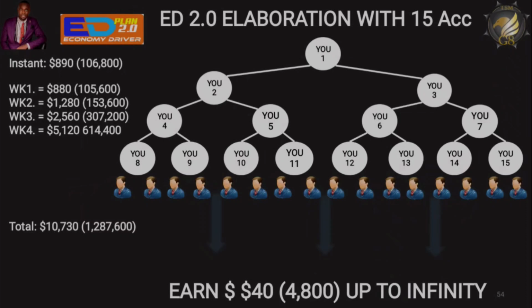That is your first week. Your second week, you're going to make an average of $1,280. Your third week, you're going to make an average of $2,560, and your fourth week, you're going to make an average of $5,120. Cumulatively, maybe from your first week to your fourth week, or your first month to your fourth month, or your first day to your fourth day, you're going to have an average of $10,730.